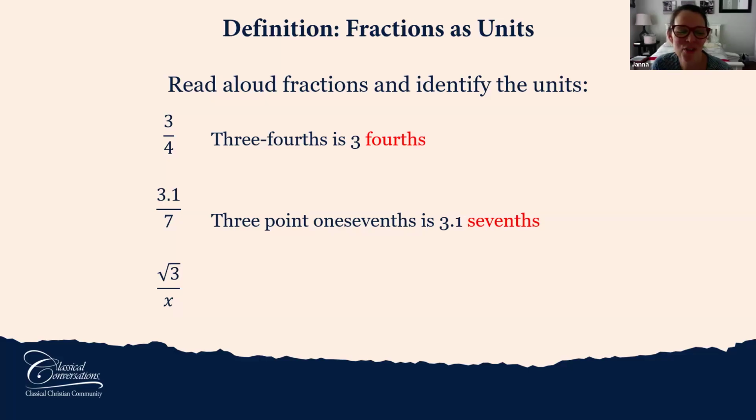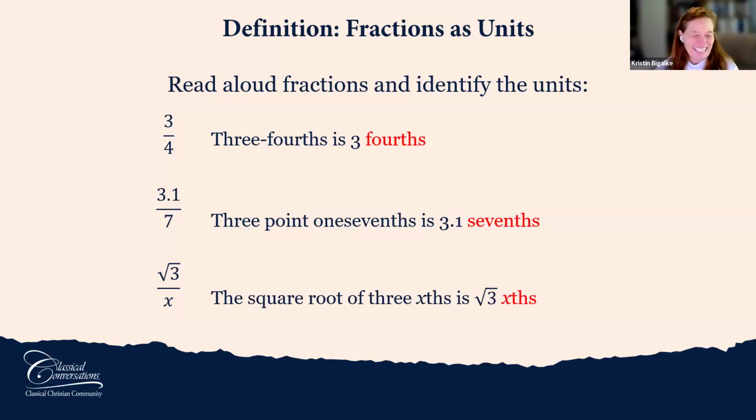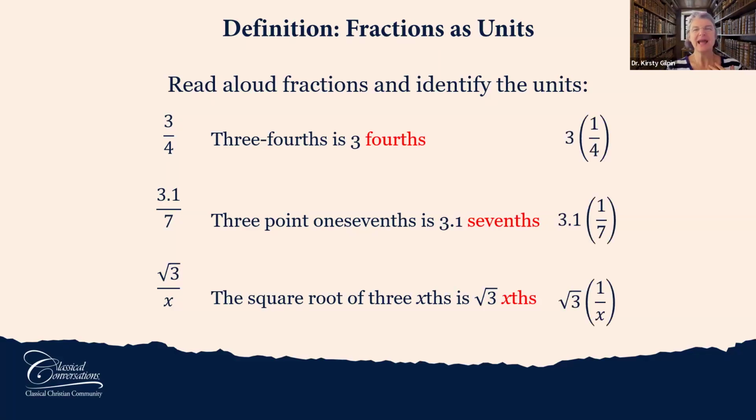The square root of 3x. Yes. I don't know if anybody else would read it that way, but that's exactly how I was thinking about it. Yes. And we can write that as multiplication to be really explicit, that we mean we have 3 of 1/4 and 3.1 of 1/7 and the square root of 3 of 1x, right?